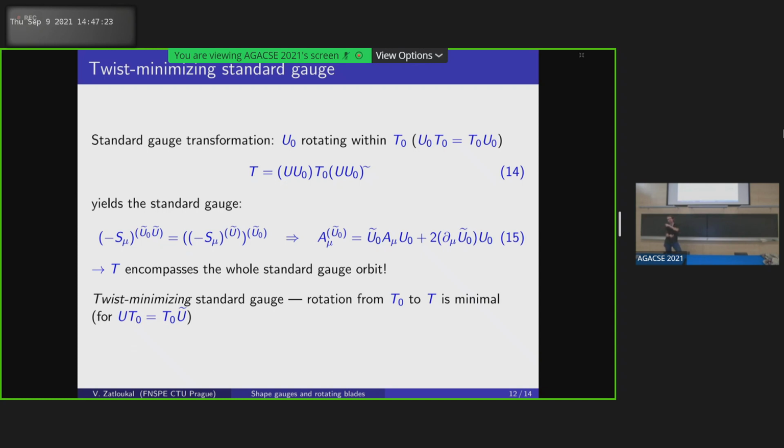So this gauge redundancy, which is inherent in the standard description of gauge theories, is kind of swallowed into one point, where one function T of X, or there might be several, but the whole orbit comes to this one rotating blade.